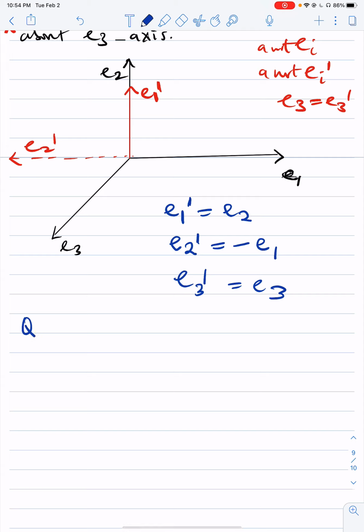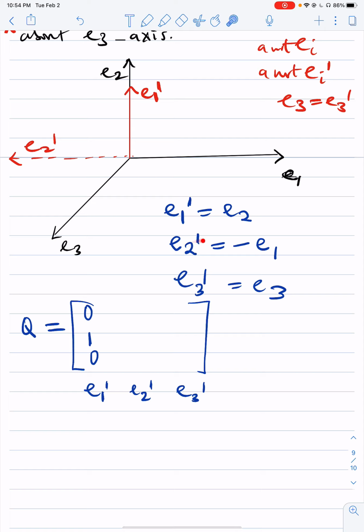Now look at this. Q is equal to, let's write E1 prime here, E2 prime here, E3 prime here, right? Good. To populate this matrix, E1 prime has no E1 component, no E3 component, so here will be 0, 1, 0.